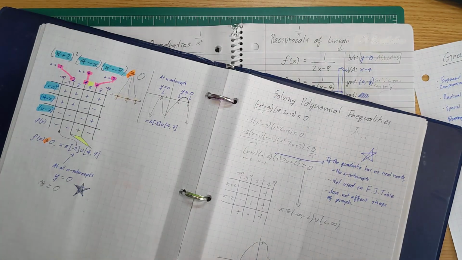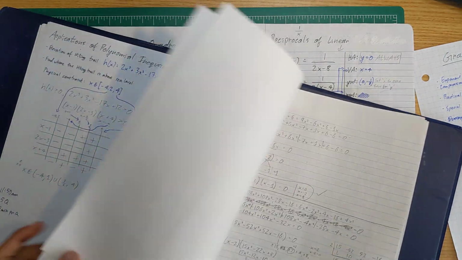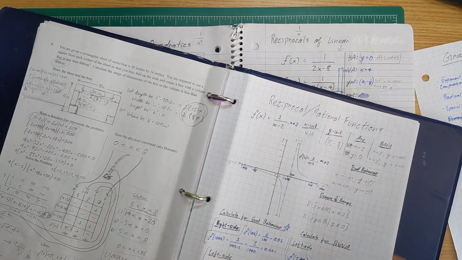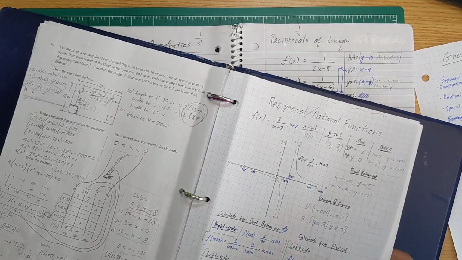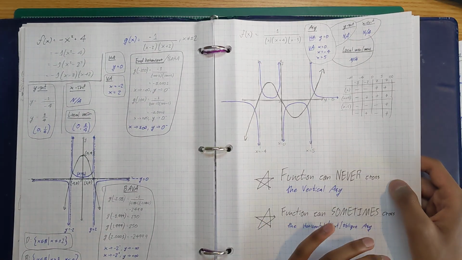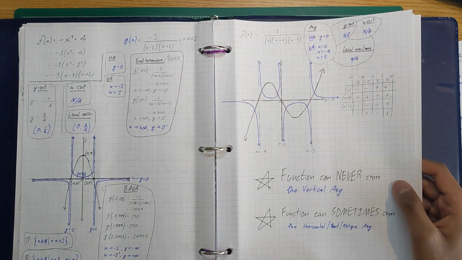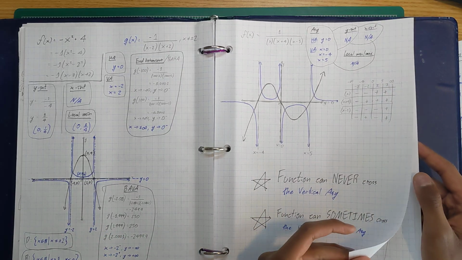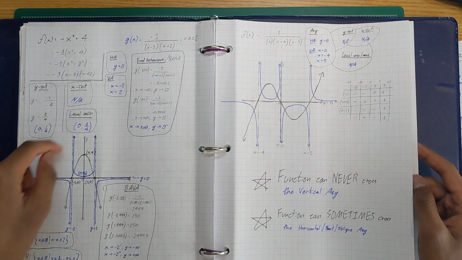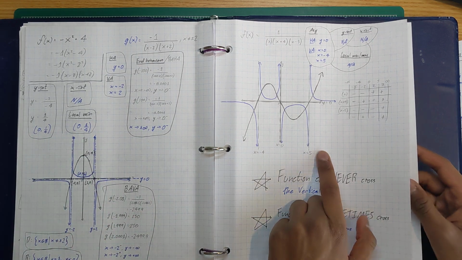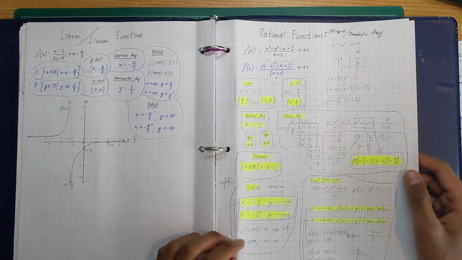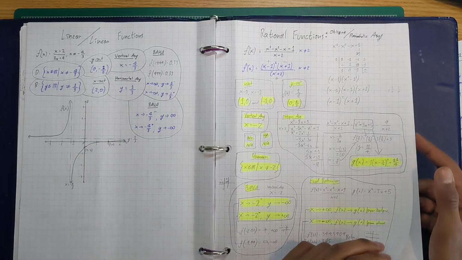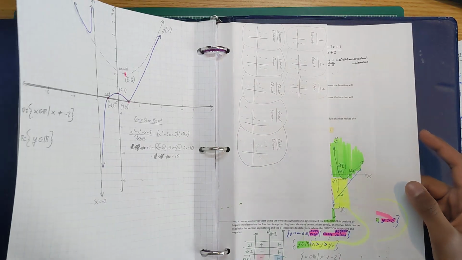And so, okay, reciprocal of a quadratic function, reciprocal of a cubic function, linear over linear function, and a parabolic asymptote.